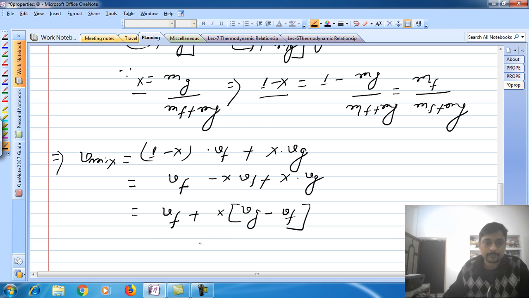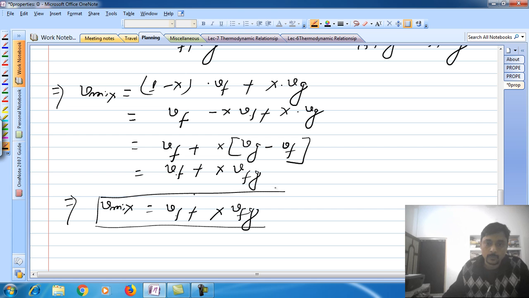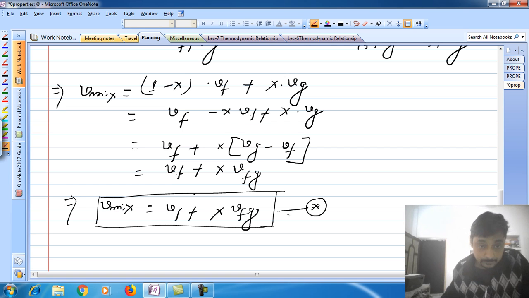So this can be written as the specific volume of fluid plus x, this is vfg. So finally we get the specific volume of mixture is equal to the specific volume of fluid plus x vfg. This is our one property, the specific volume of mixture at point 1. Okay, so this is a very important equation.